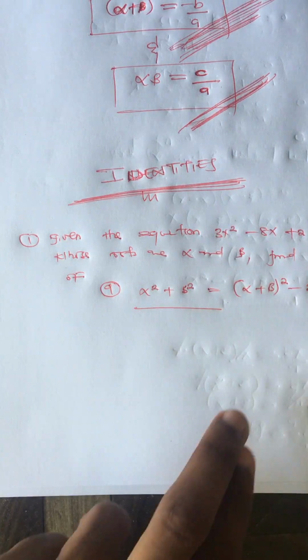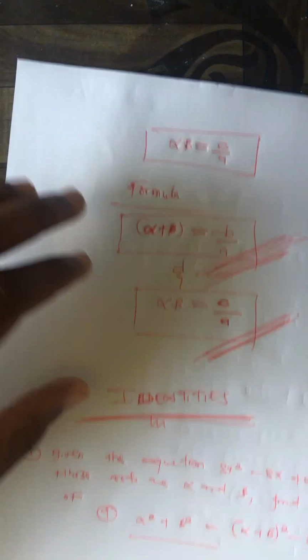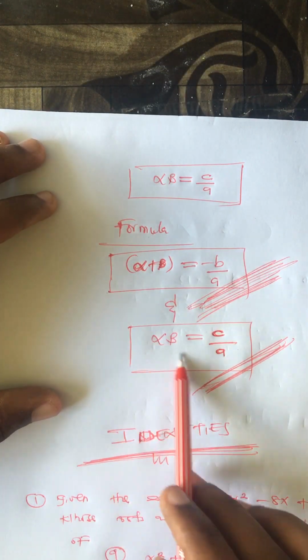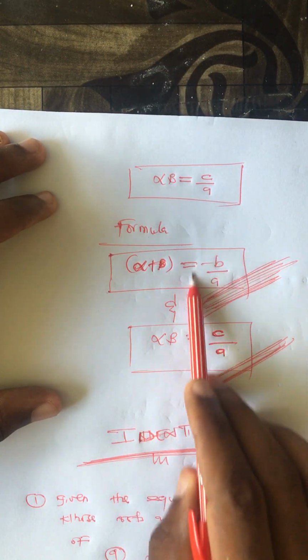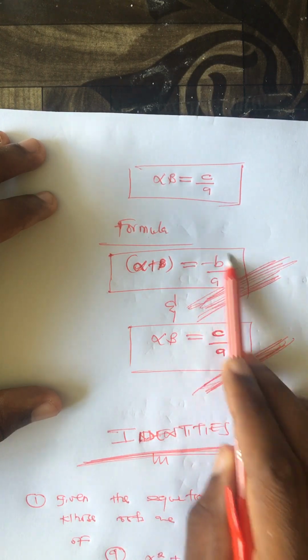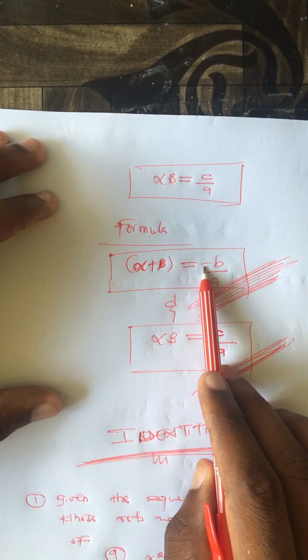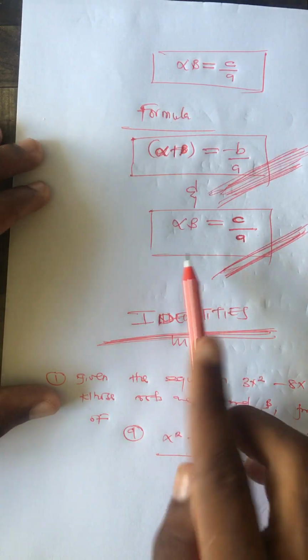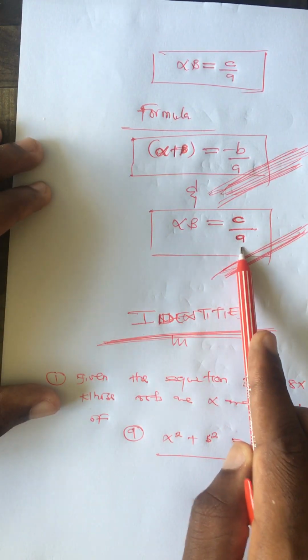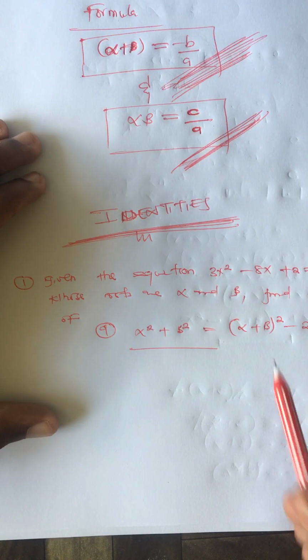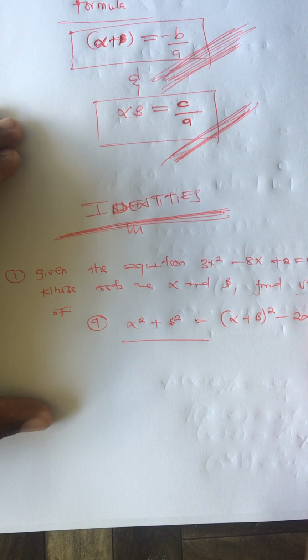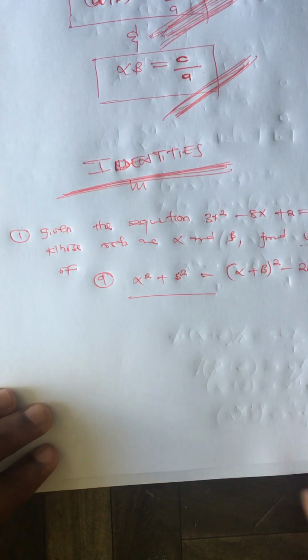All right, then from the basics which we started with, we know that alpha plus beta is negative b over a. Then alpha beta is c over a.